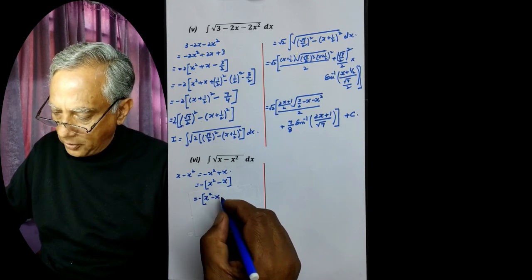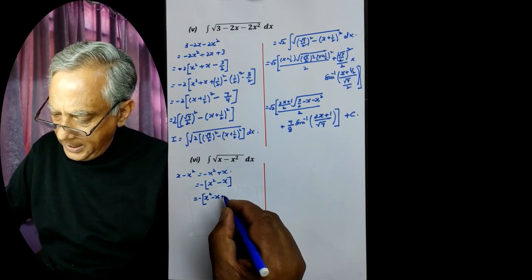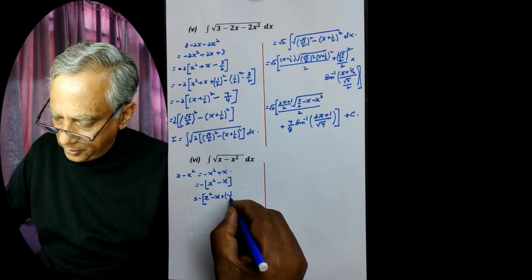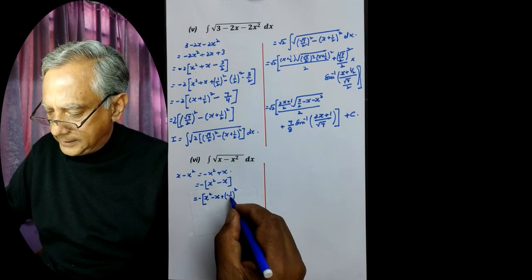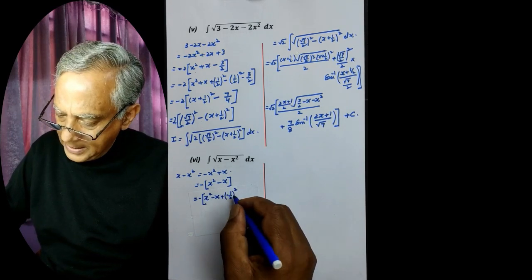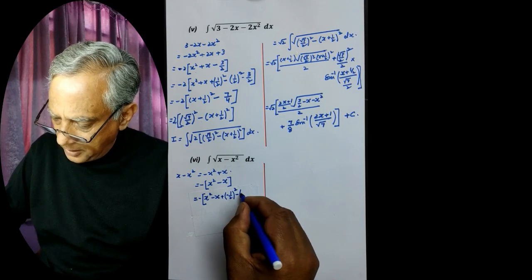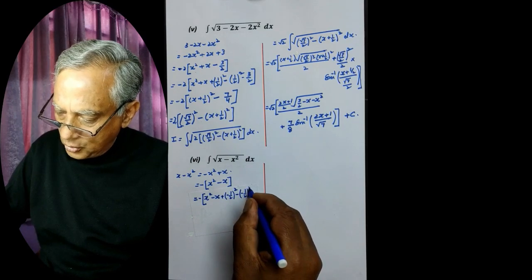Half the coefficient of x will be minus 1 by 2 whole square. Add half the coefficient of x whole square and subtract half the coefficient of x whole square.